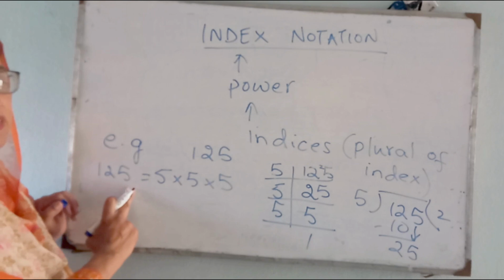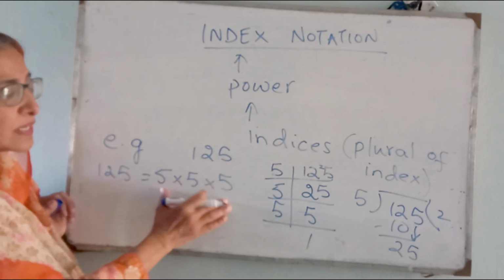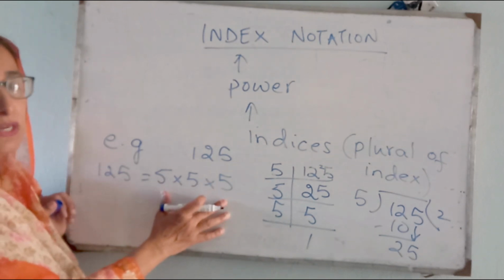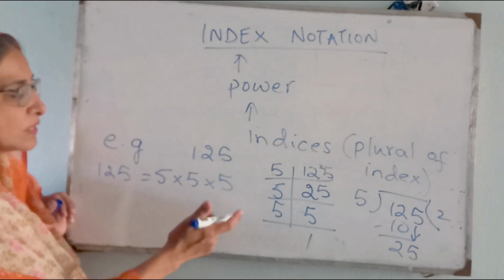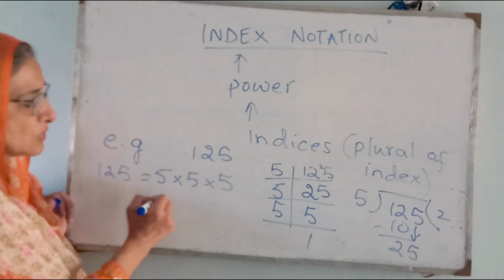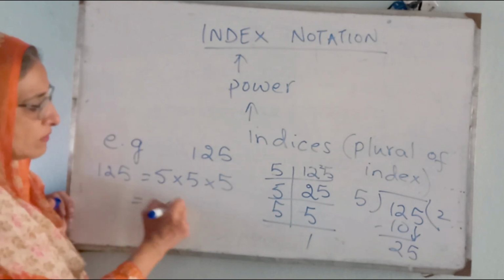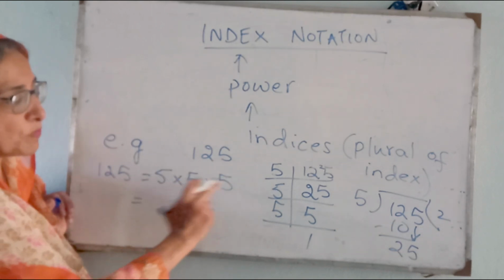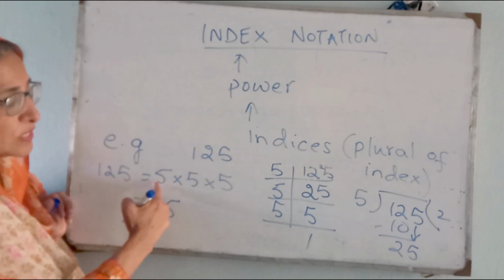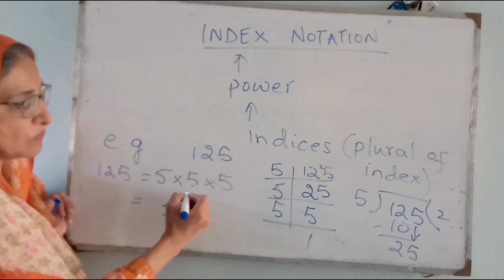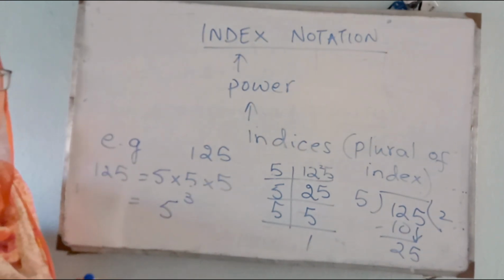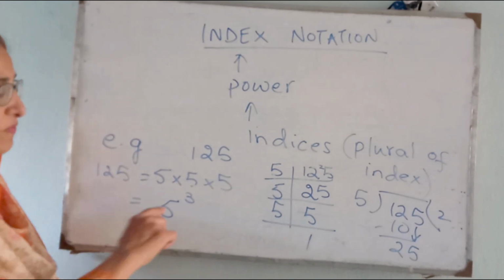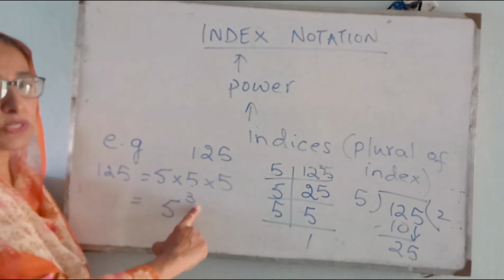Now if somebody says to write this in the form of index notation, this 5 is called the base, and the power for this will be 1, 2, 3. 5 is coming 3 times, so it will be 5 raised to the power 3.